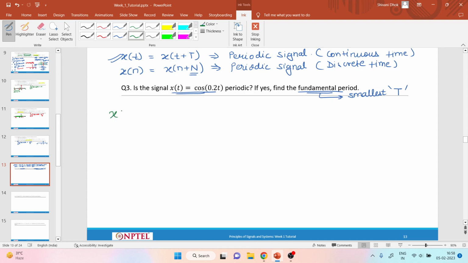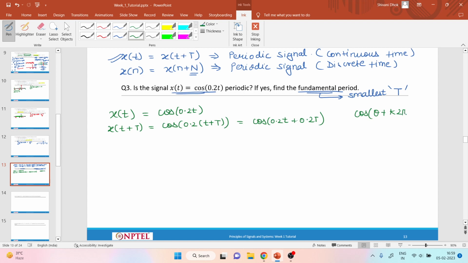So let us look at it. If my x of t is equal to cos of 0.2 t, now let us look at x of t plus T, that is equal to cos of 0.2 t plus 0.2 T. Now we know that cos of theta plus any integer multiple of 2 pi will give me the same value, cos theta.